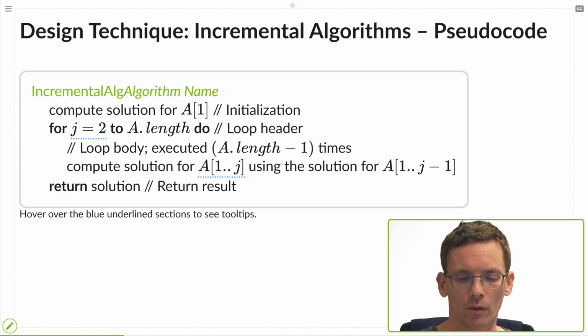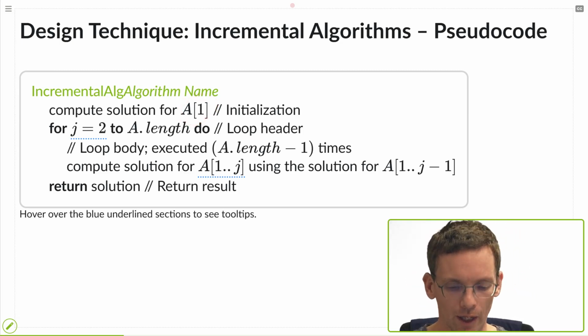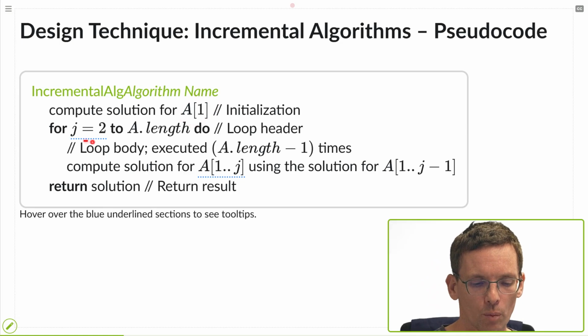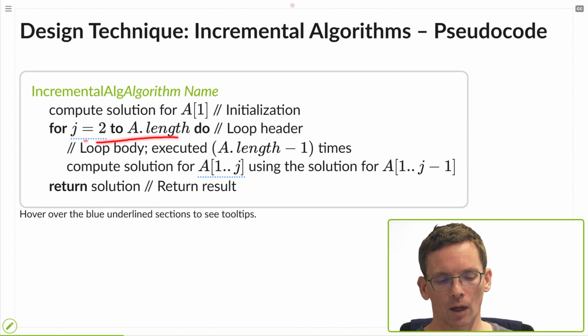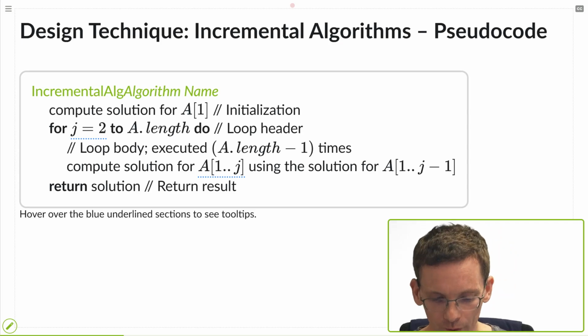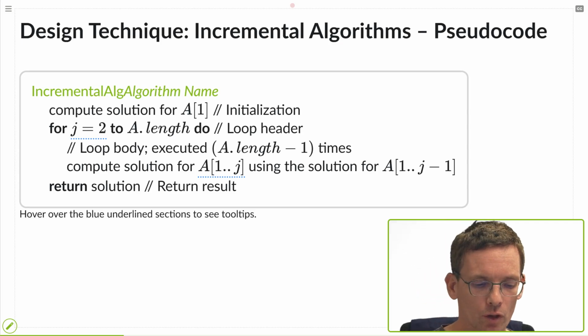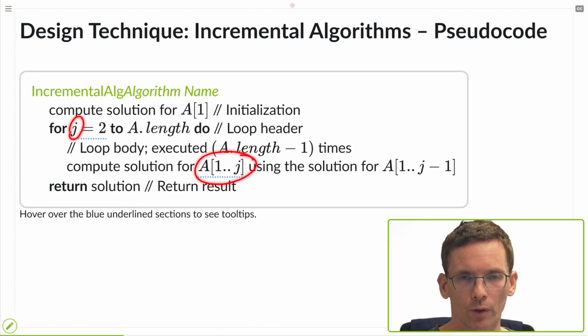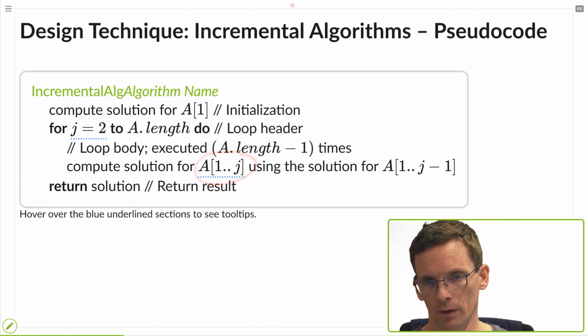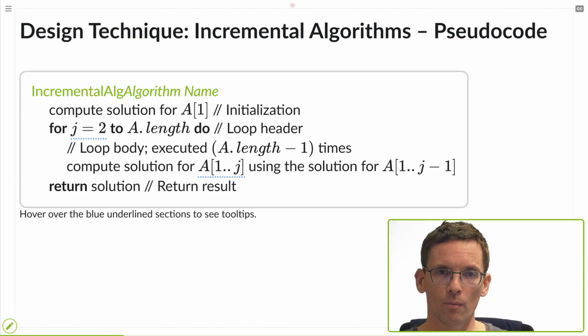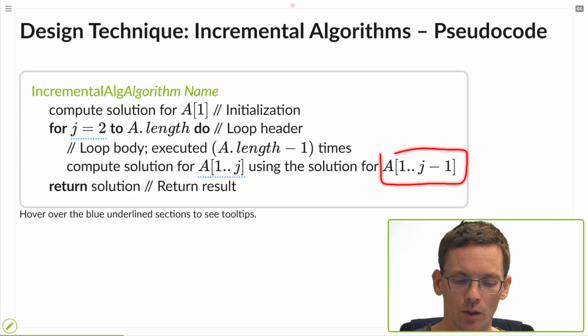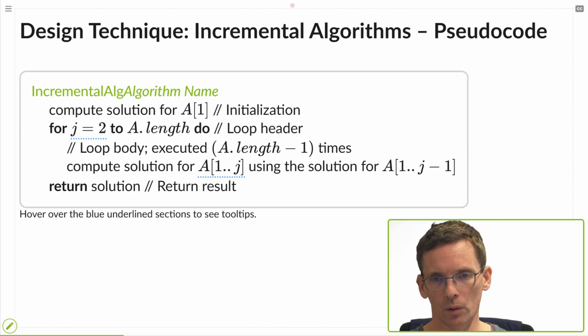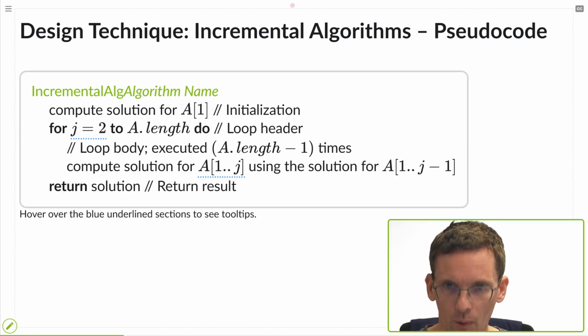We first compute a solution for the first element, and then we have a loop over the remaining elements. In the jth iteration, we compute the solution for the first j elements, the elements in this array from 1 to j, based on the solution of the first j minus 1 elements. Then at the end, we return the solution for the full array.